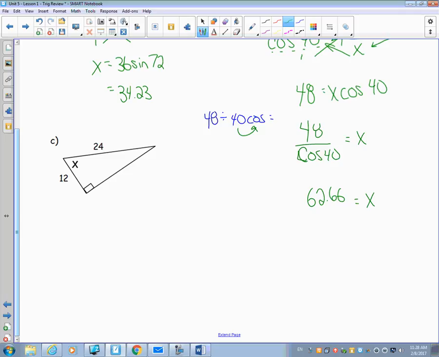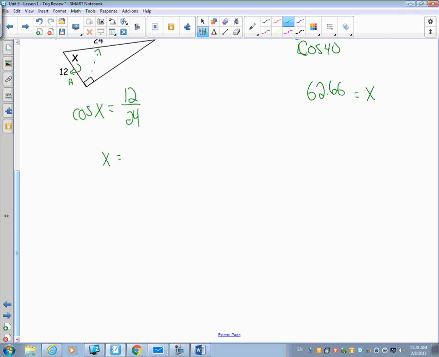The only other problem we can do is when x is the angle, as we have in example 3 here. So we're going to label first. I've got an H, I've got an A, the cos of my angle I used to label equals A over H. To find unknown angles, we use an inverse function. So we're going to take the inverse cos of whatever 12 divided by 24 happens to be.